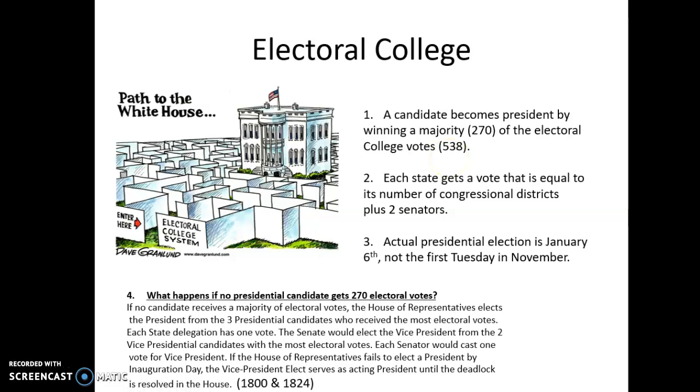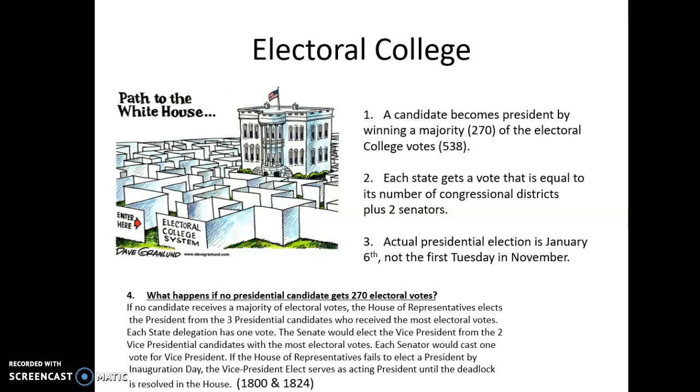So people vote, for example, in New York, based on the number of electoral college votes of New York. If Hillary Clinton wins or Trump wins, you win that state, and you win all the electoral college votes for that state. In Texas, for example, if Trump wins Texas, he wins all the electoral college votes for Texas.